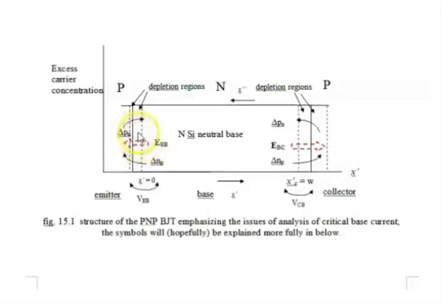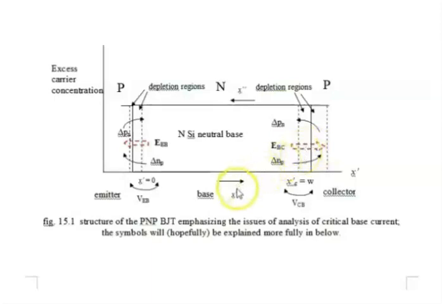We have fixed positive charge on the N side, fixed negative charge on the P side. So the internal electric field goes from right to left, in the negative direction. And here it's the exact opposite. Plus fixed charge here, minus fixed charge at the P region. So we have a positive internal electric field at this point.